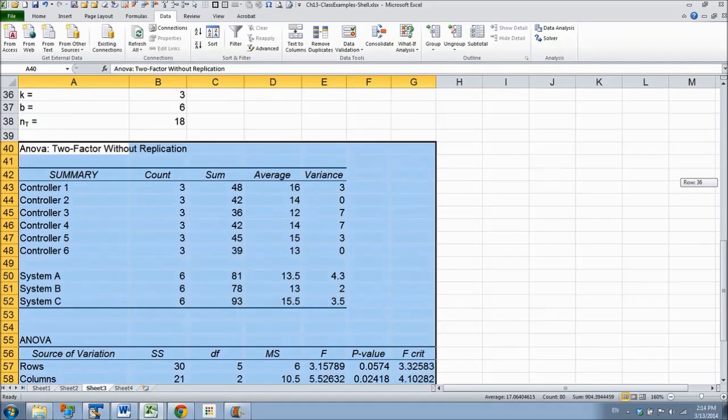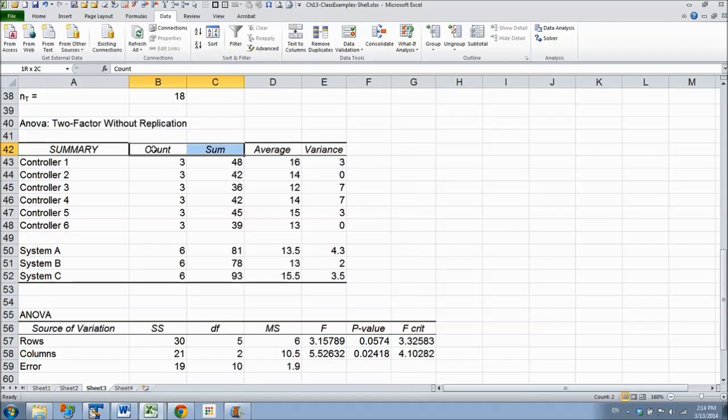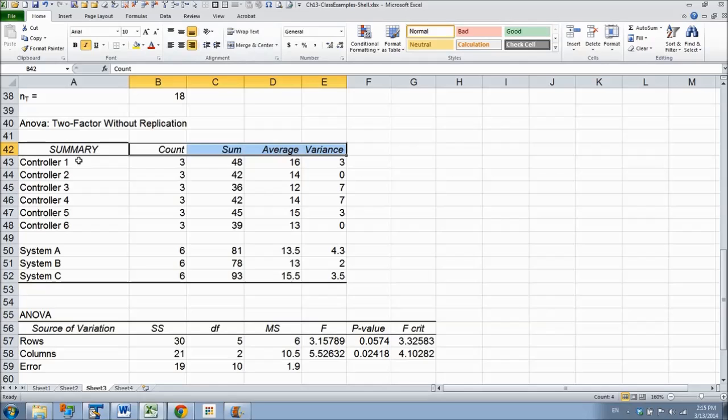So now we have two tables in the output. The first table is summary. So for each controller, how many observations, what is the sum, the average, and the variance. And then here we have for each system the number of observations, the sum, the mean, and the variance.